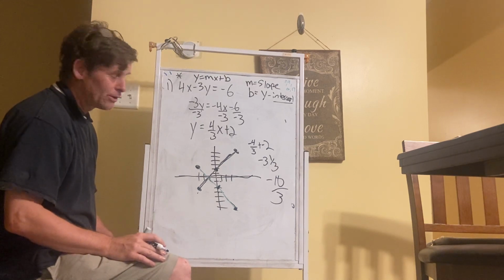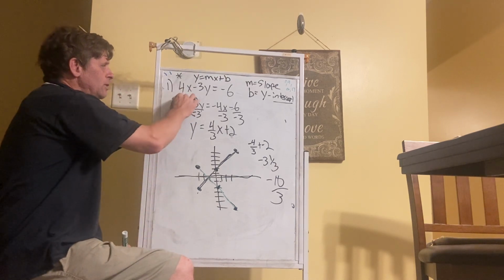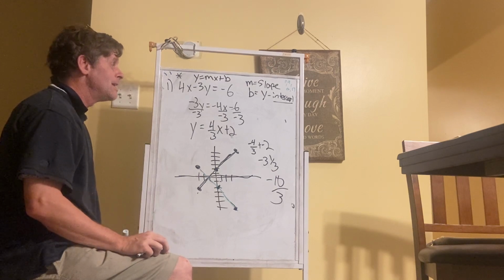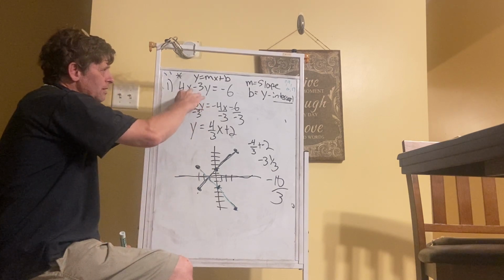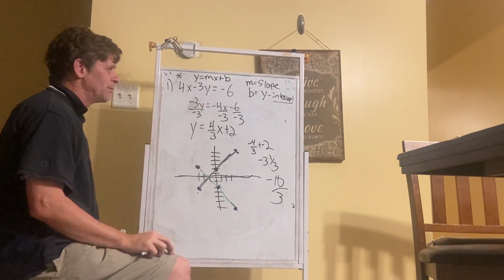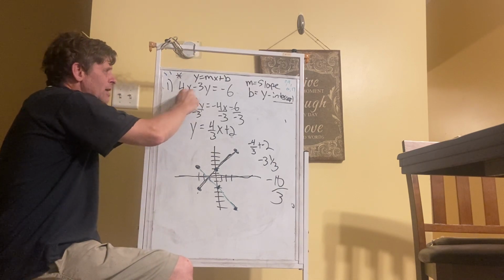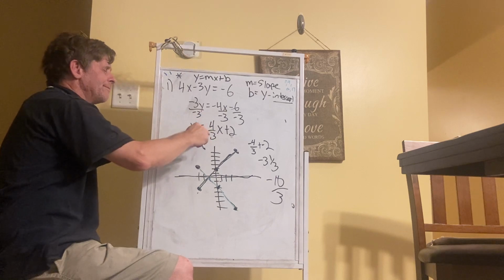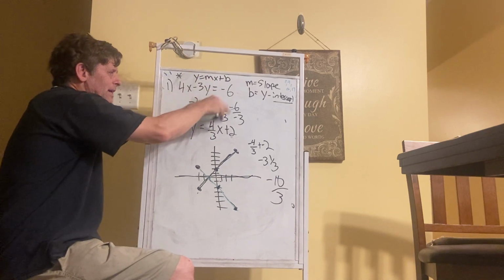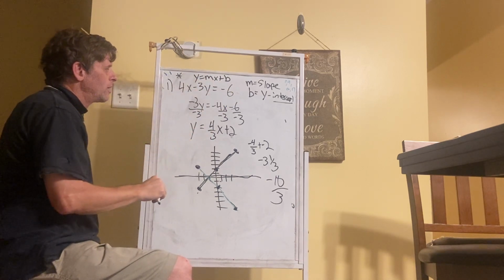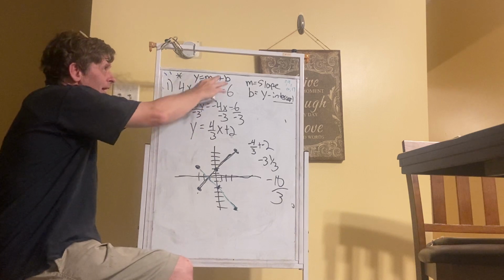So the first thing I had to do here was take this equation and manipulate it so that it looked like y equals mx plus b. Again, something you might not be familiar with. Subtract 4x from both sides. I do this weird thing called flinging, but it's the same thing. Now we've got to get the y alone.